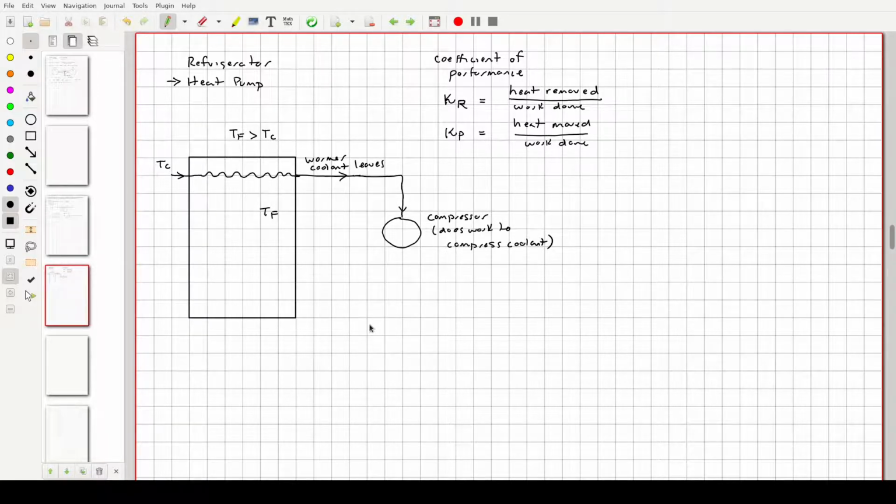Now, when you compress it, it heats it up. And so what you do is you take this hotter coolant and you pass it through a grilled thing called a radiator.